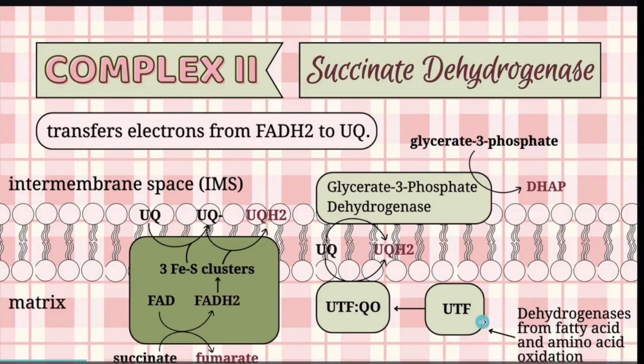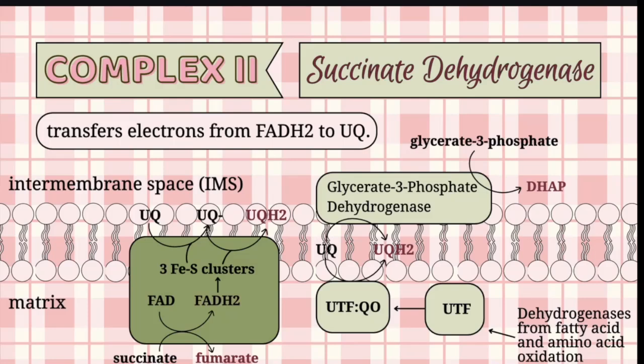So UTF is basically an enzyme that will receive electrons from enzymes in fatty acid oxidation and amino acid oxidation, so not carbohydrate metabolism. You learn this later.